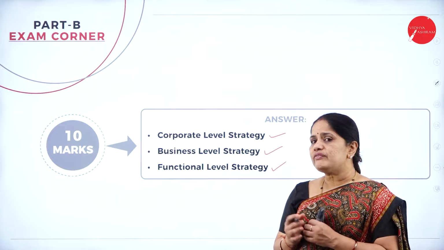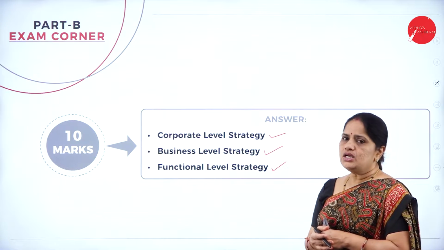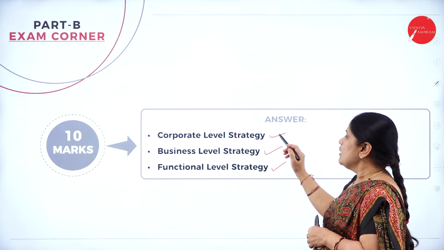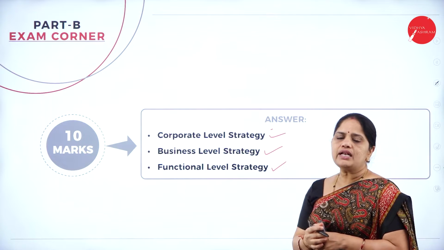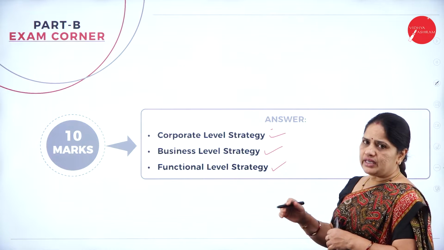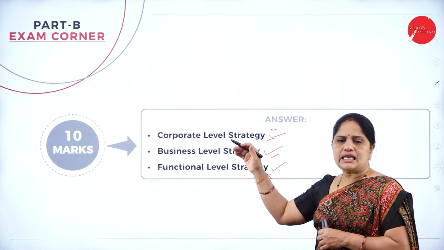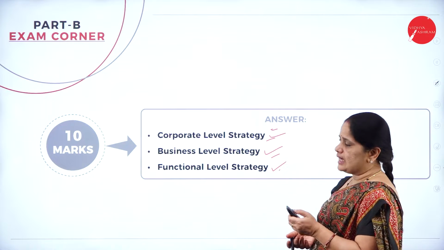So the actual work will be done in the functional level strategy. You have to explain what the corporate level strategy is, what the features of the corporate level, business level and functional level are, and what the various things involved are. All those you will have to explain in each, and then you will be ready with the final answer.